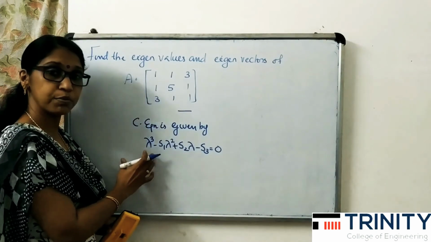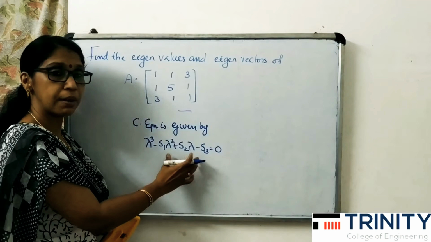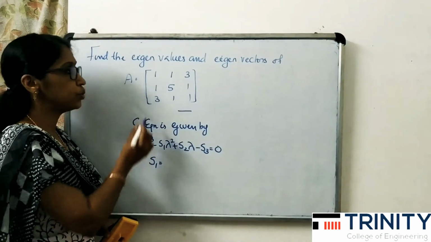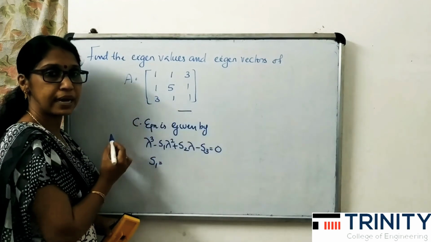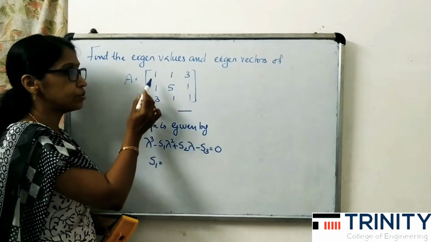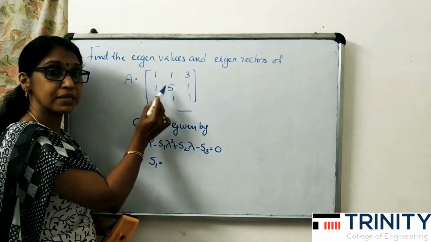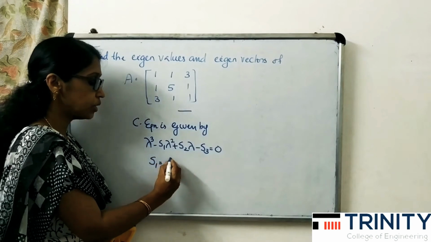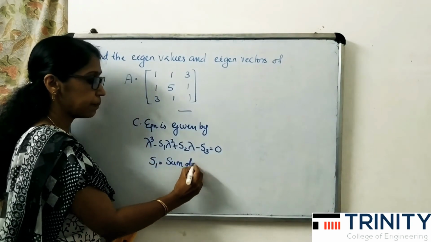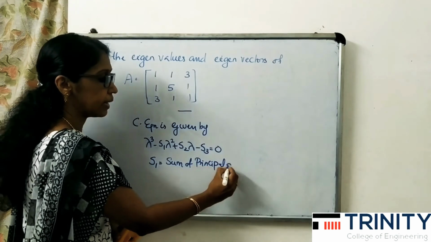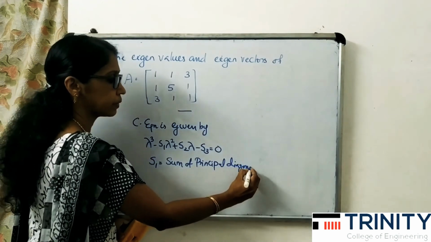So this is the new formula for finding the values of lambda. It is lambda cube minus s1 lambda square plus s2 lambda minus s3 equal to 0, where s1 is equal to the sum of the principal diagonal elements, that is, the trace of the matrix. Trace of the matrix means sum of the diagonal elements.